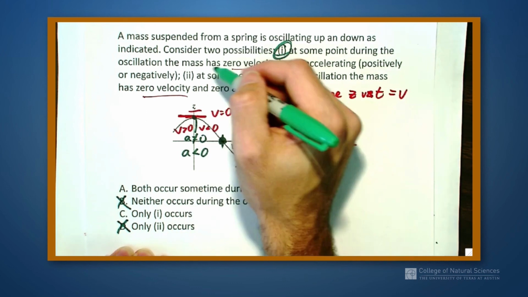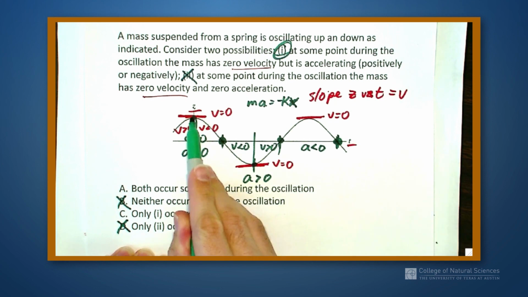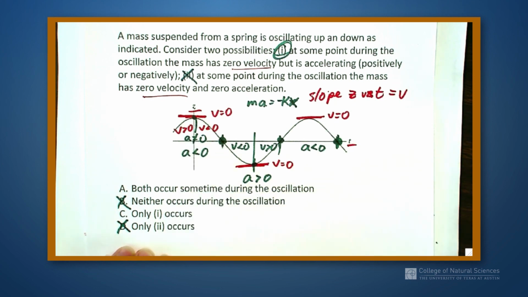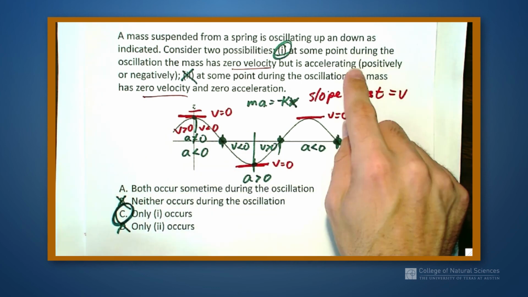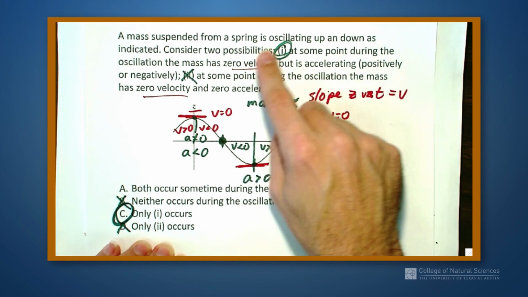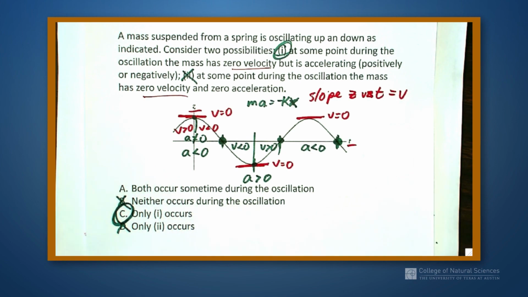That cannot be true because every point that has 0 velocity actually has the maximum acceleration. So in my choices, C is the correct answer. When we have 0 velocity, we always have a non-zero acceleration.